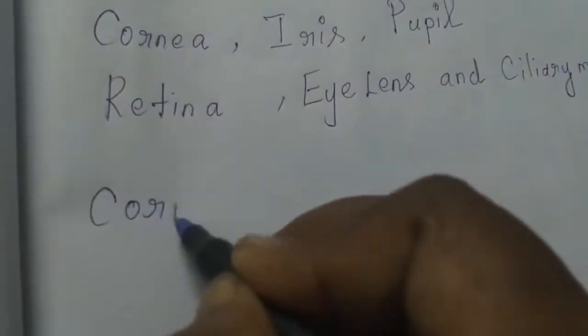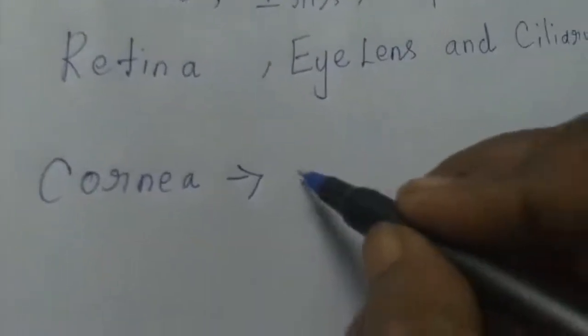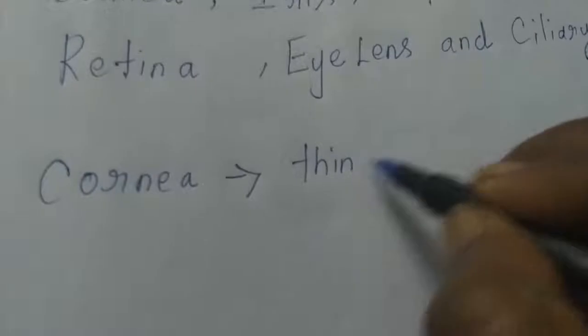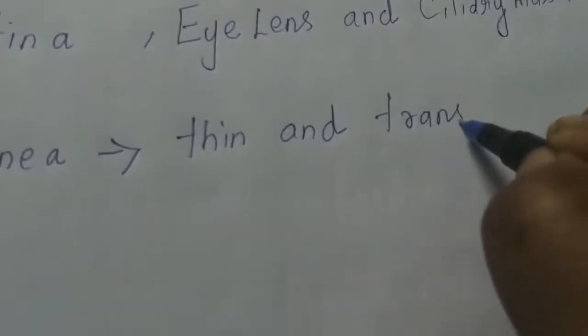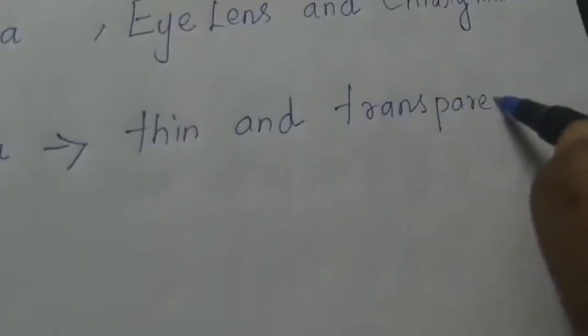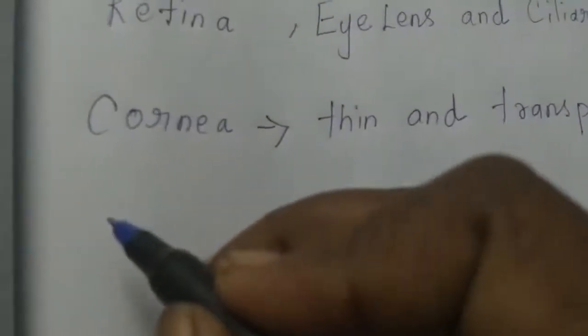So our first part is cornea. Cornea is a thin and transparent layer, which is present in the front surface of the eyeball. And then iris.